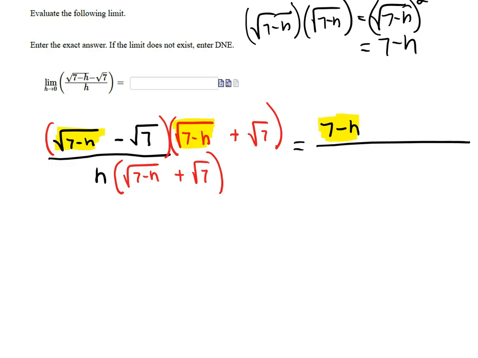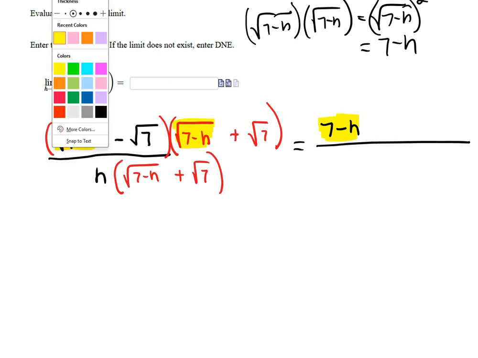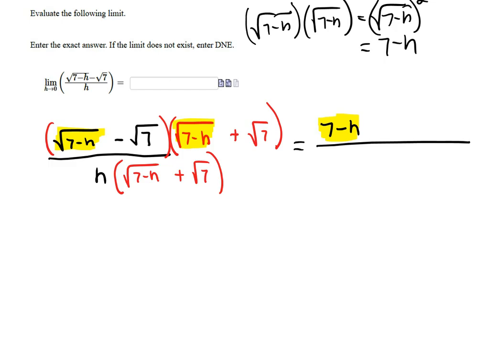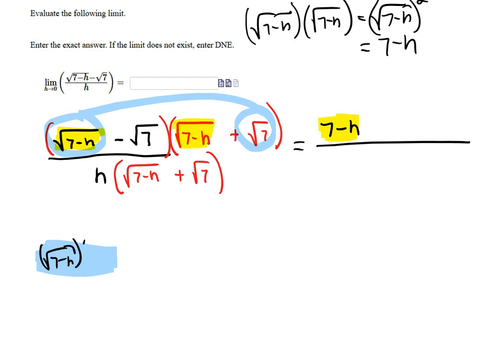Okay? Then we're going to do the outsides, so I would have to take this times that, which would be the square root of 7 minus h times the square root of 7. Because this is a positive here, that's a positive.